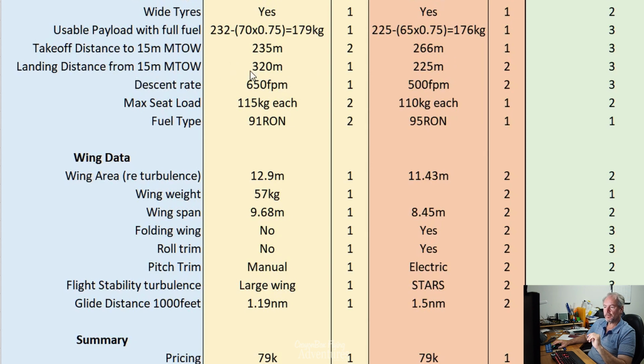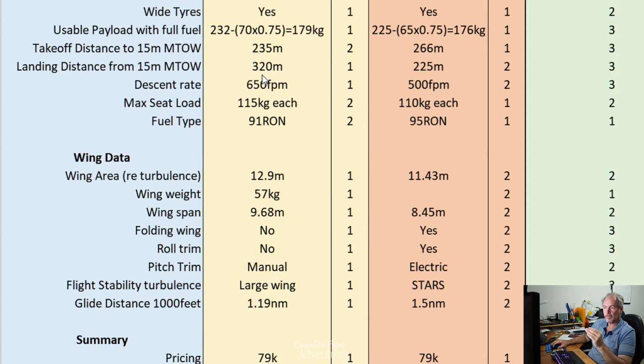Landing distance from 15 meters. 320 meters required by the Airborne, 225 required by the P&M. Much better performance for landing. Interesting. So that would mean that before you can take off from a 235 meter runway with the Airborne, you need to be able to land on it too, and that requires 320 meters.